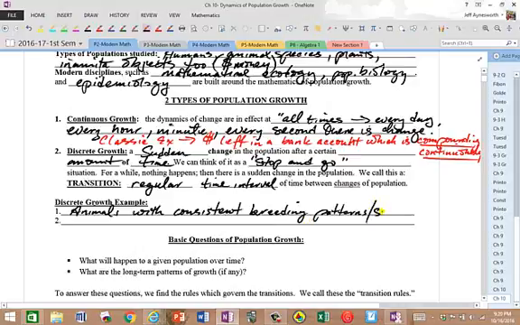And when I say patterns, I'm talking about seasons. For us, we have consistent 9 month breeding patterns. And I know it varies a few days or even a few weeks for some people, but it's fairly consistent. And that goes for all animals on the planet. They have a consistent breeding pattern.